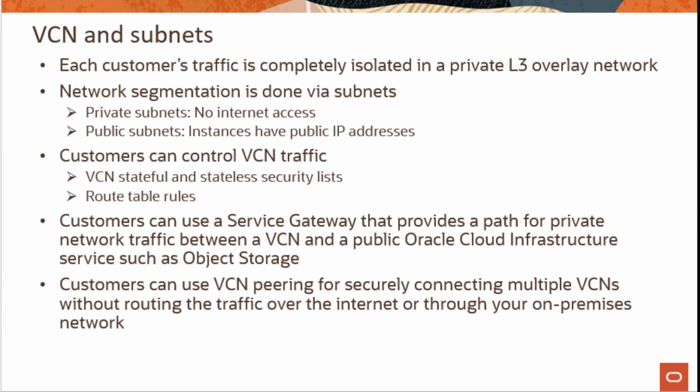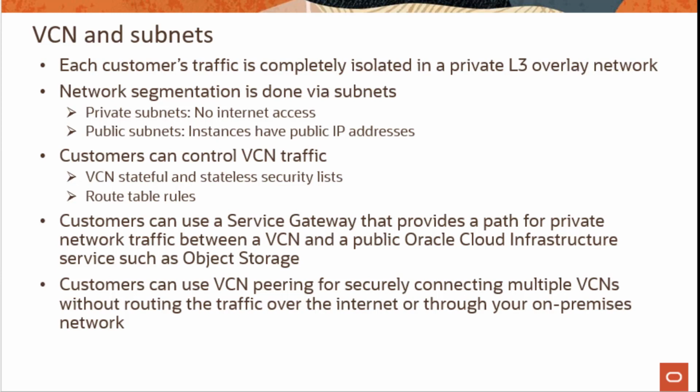To achieve that, Oracle Cloud Infrastructure provides Service Gateway, and Service Gateways provide you a path through Oracle's private backbone to reach public services such as object storage, so that there is no risk of that data getting spoofed or somebody able to get a hand on the data that is being stored in object storage.